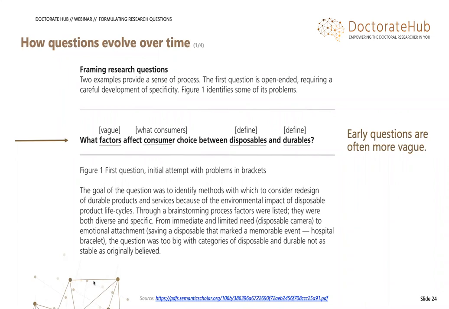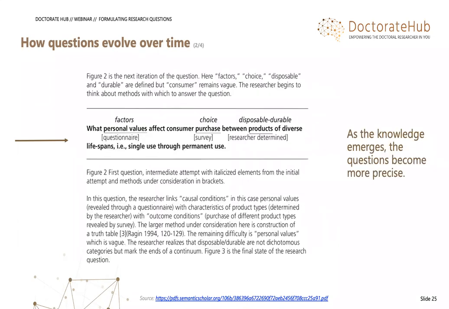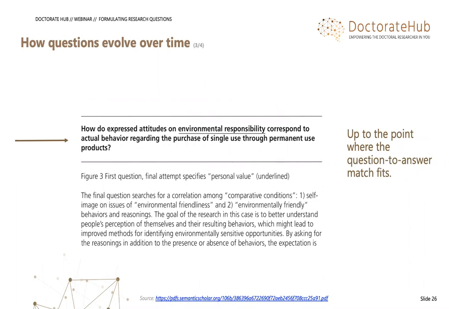So as you go along and your knowledge emerges, the question becomes more precise, towards something like: what personal values affect consumer purchase between products of diverse lifespans, for example, single use through permanent use? This is already fairly precise. So there are many words where it is unclear how they are related.